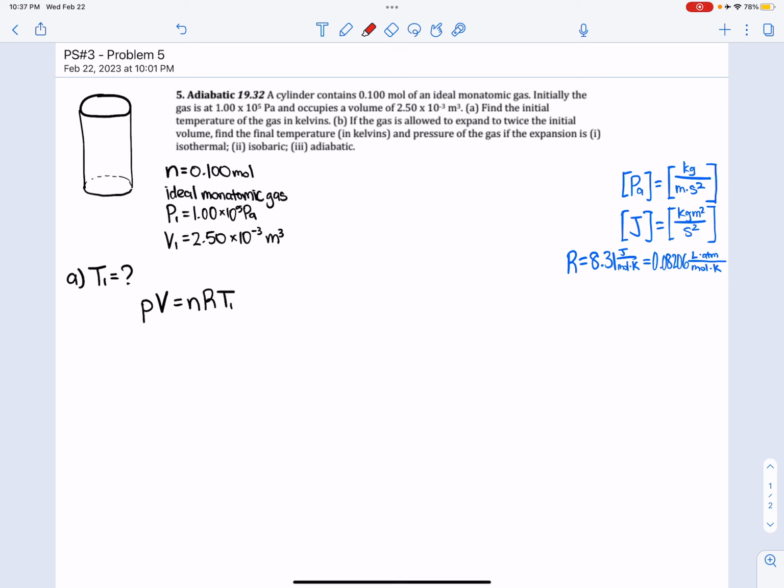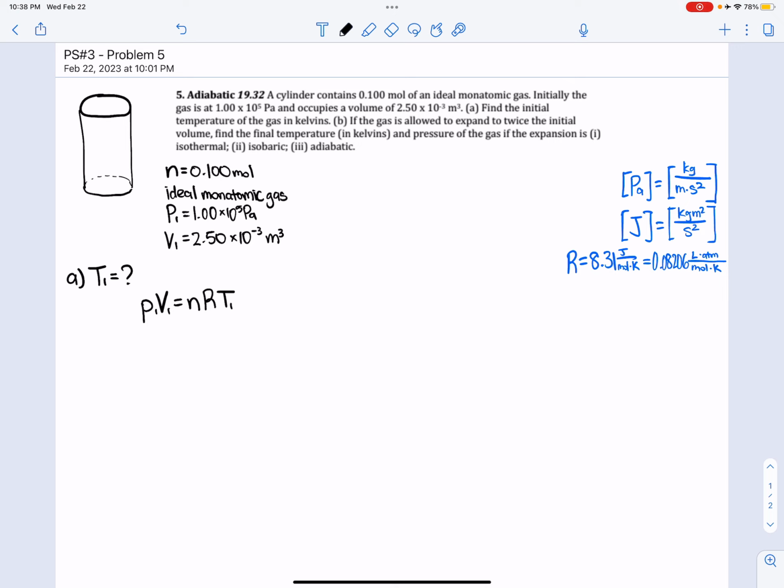R is a constant, n was given to me right here, V was also given, that's V1, and P1 was also given. Therefore, I can solve for T1. So P1 V1 equals nR T1, using the ideal gas law for state 1, the initial state.